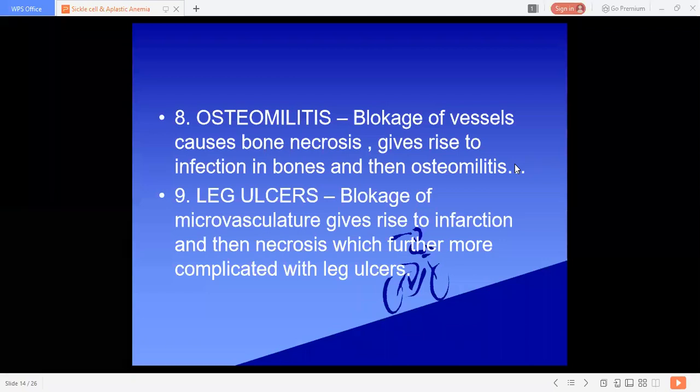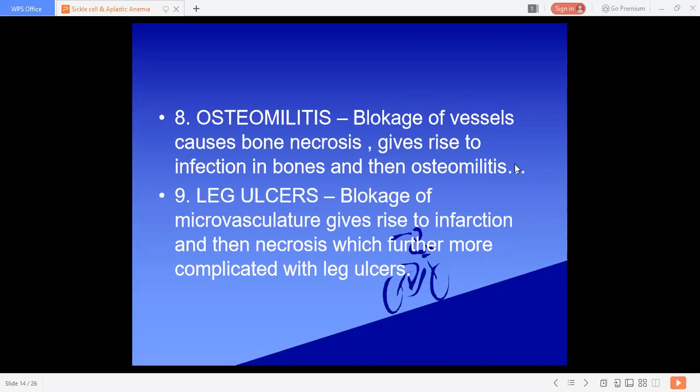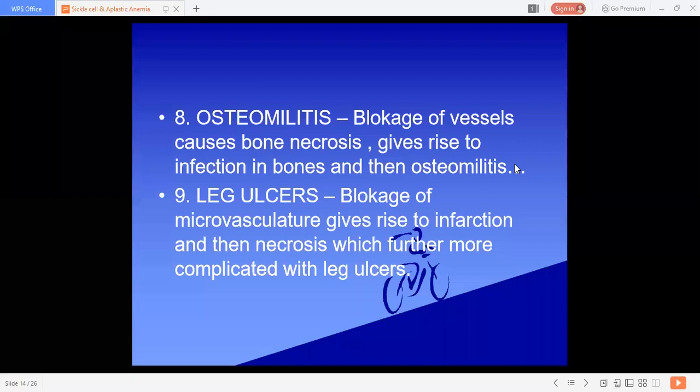In the macrovasculature, there is stagnation of the blood supply, and this stagnation gives rise to blockage of the vessel, which causes necrosis in the supplied organ. It may be a bone. So if the supply to the bone gets blocked, there is bone necrosis, which gives rise to infection in the bones and leads to osteomyelitis.